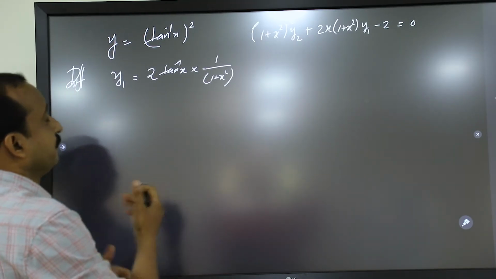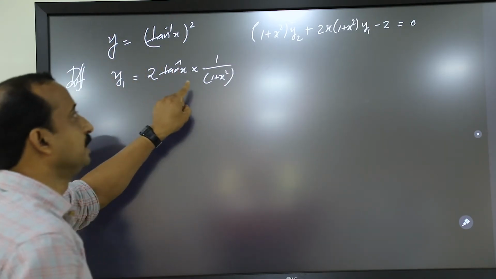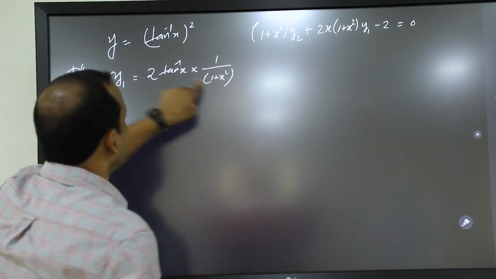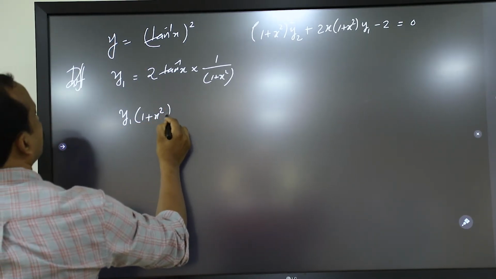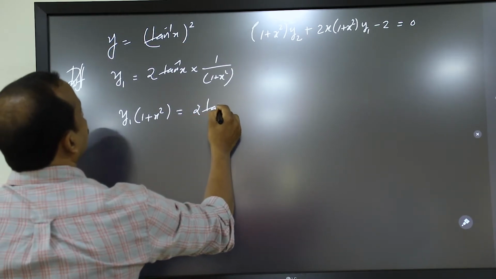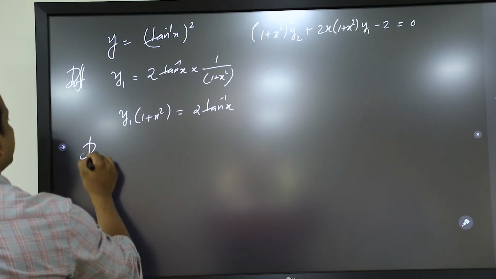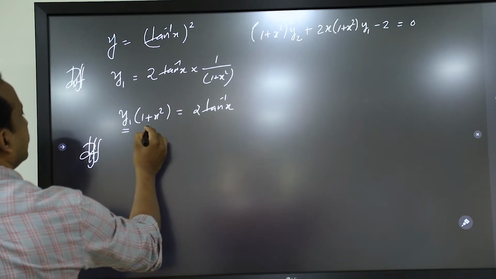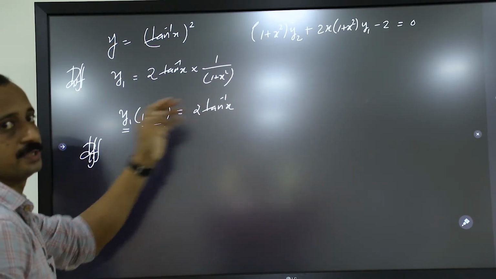Now we find the second derivative, that is y2. Before finding y2, we cross multiply the denominator of the right side. That is, cross multiplying, we get y1 into (1 plus x square) is equal to 2 tan inverse x. Again we differentiate with respect to x. On the left side we apply the product rule, because y1 is a function of x and 1 plus x square is another function.